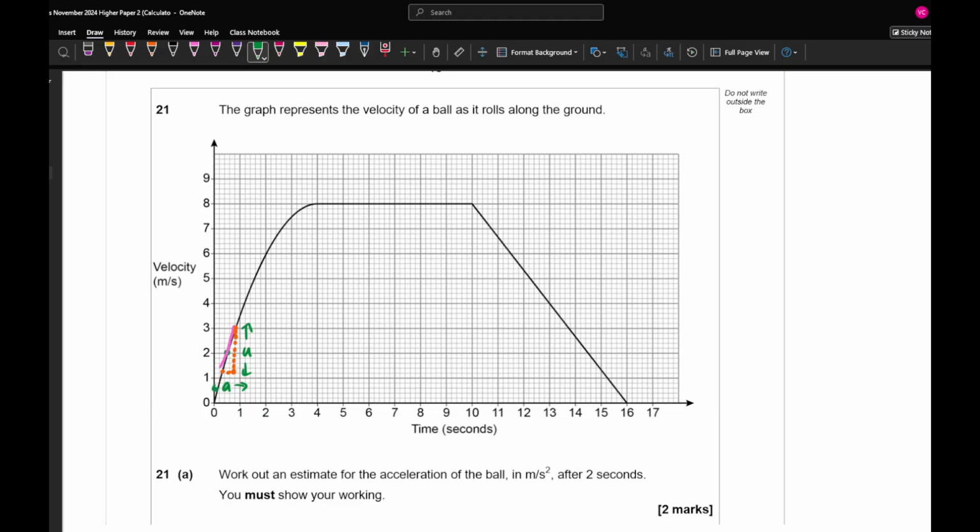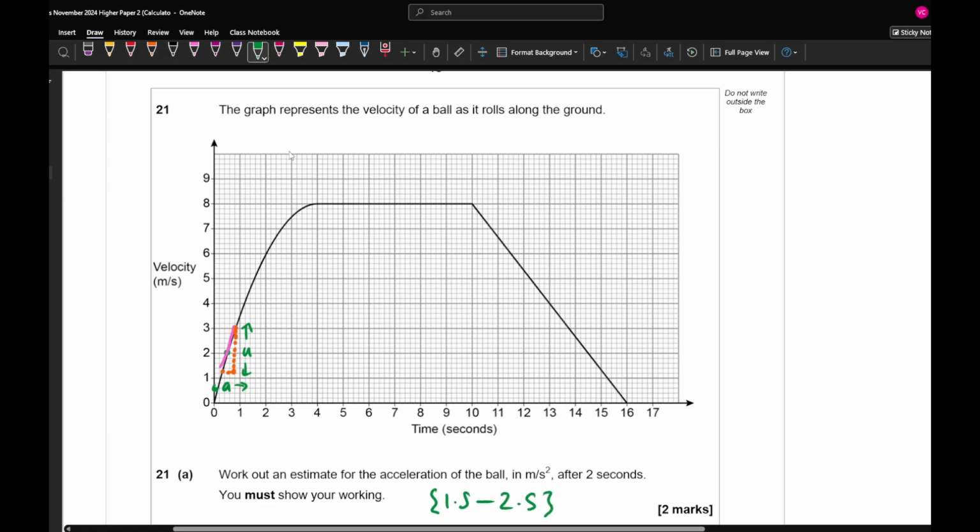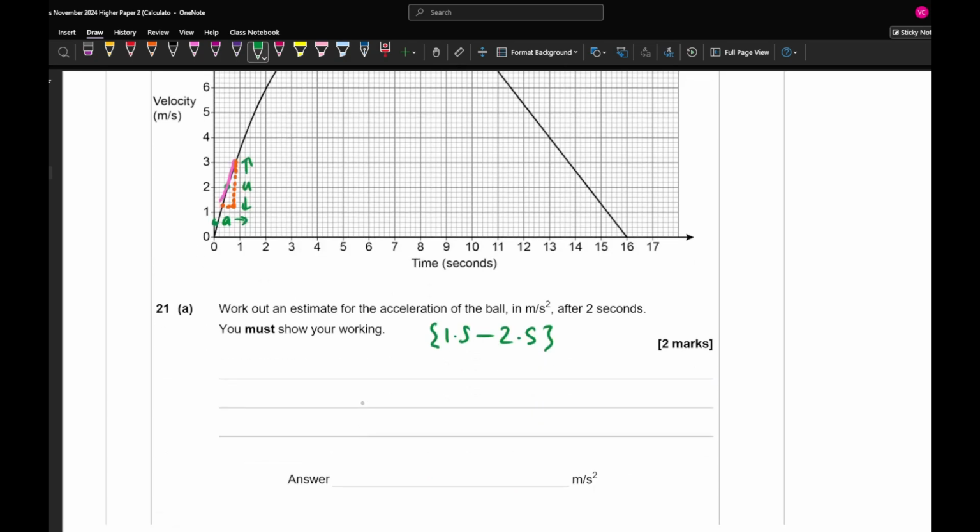If you count the number of squares, then any answer between 1.5 and 2.5 would be fine to get the marks for the acceleration, because acceleration is the gradient of a velocity time graph. So if I just write that down, acceleration equals the gradient of the tangent at 2.